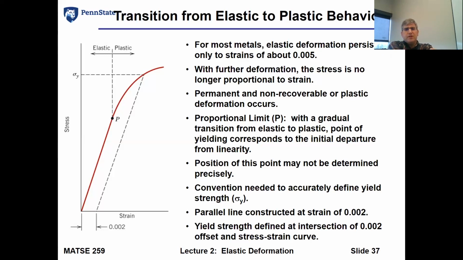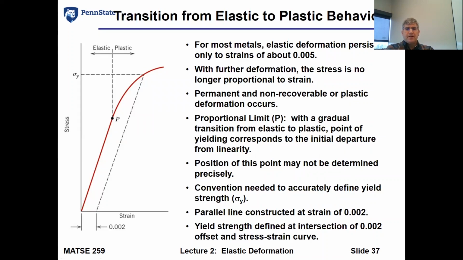But what we need to do is find some way of determining what we consider the yield strength, because when we think of yield strength, that's where we think of the transition from elastic to plastic behavior. The convention to do that is to accept a certain level of strain, this 0.002.